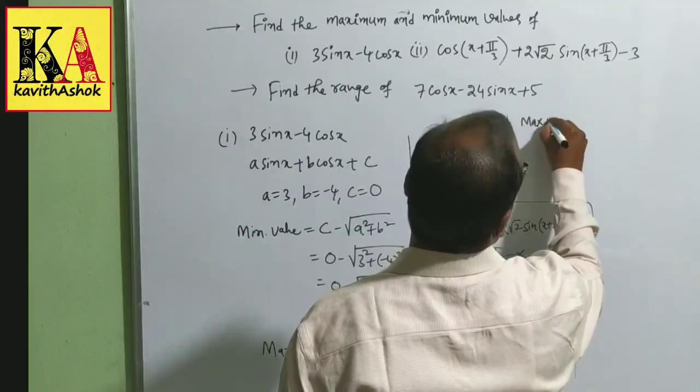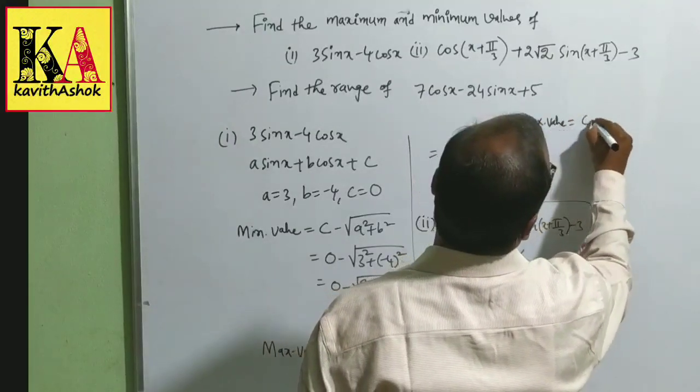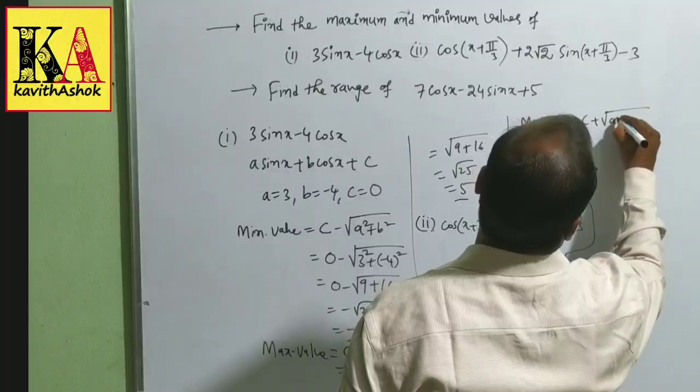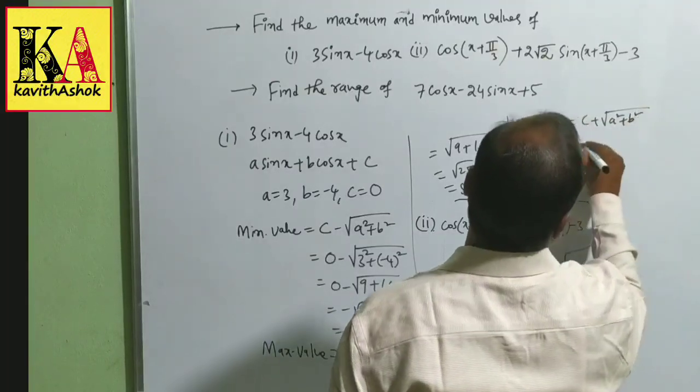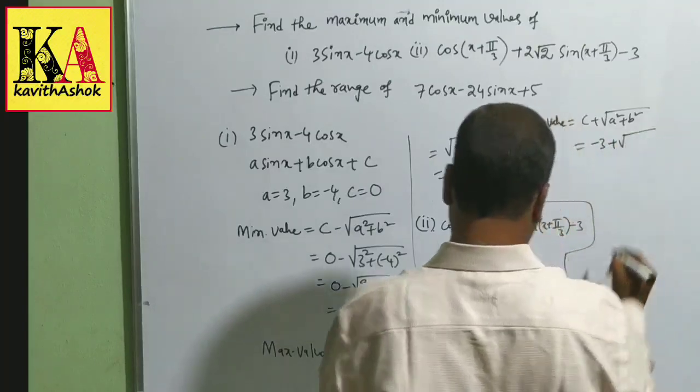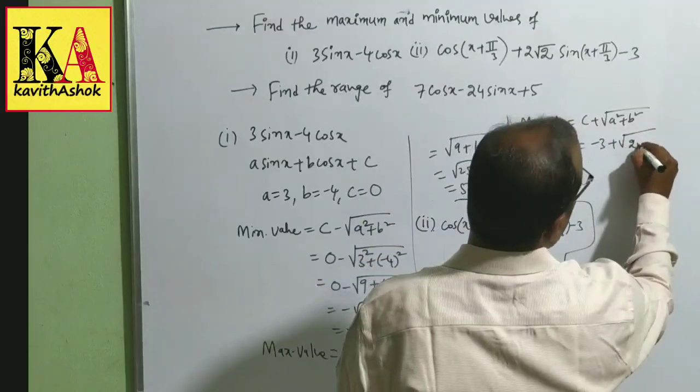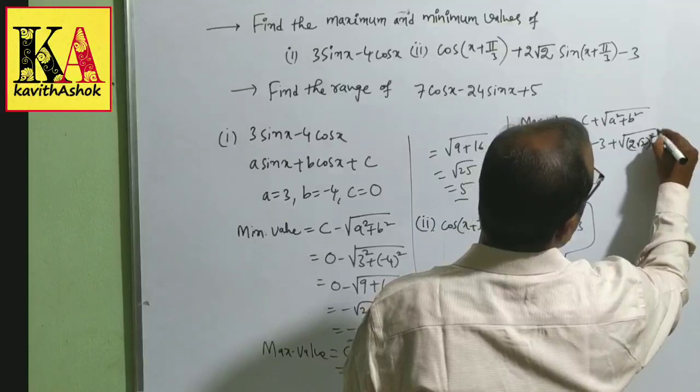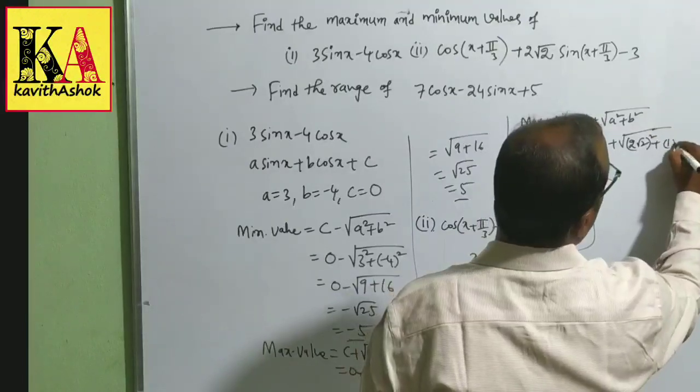maximum value is equal to c plus under root of a square plus b square. C is nothing but minus 3 plus under root of a square plus b square, in the sense here 2 root 2 square plus b in the sense 1 square.